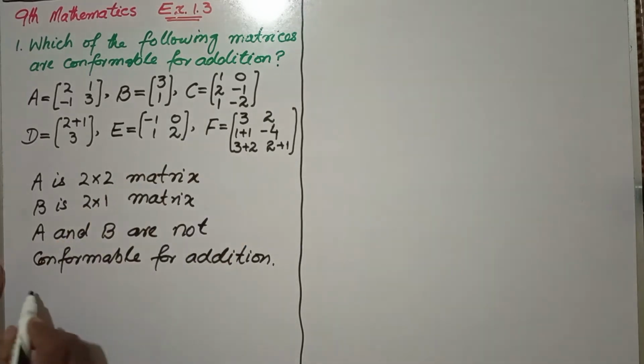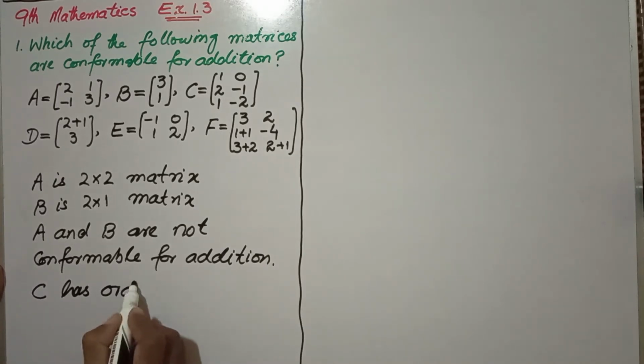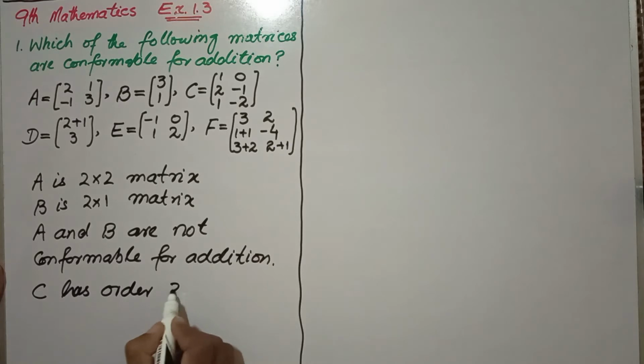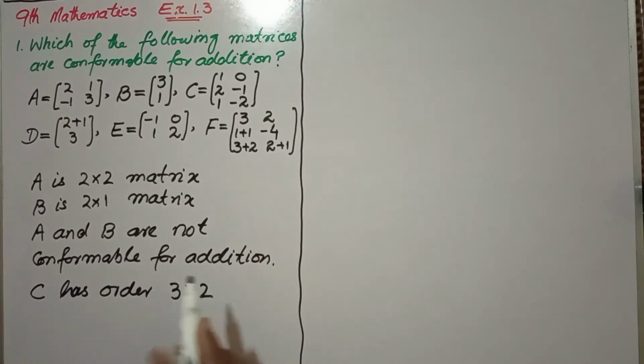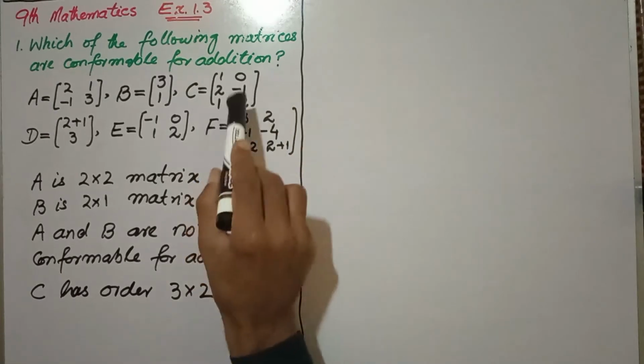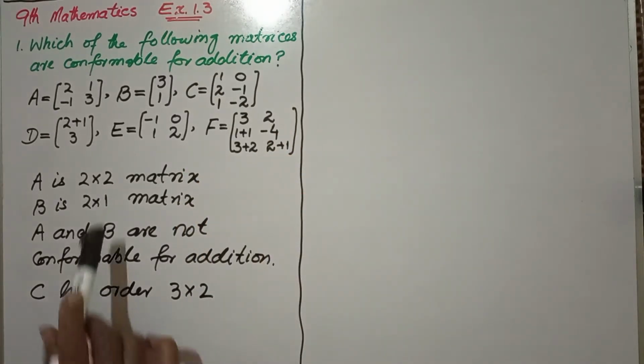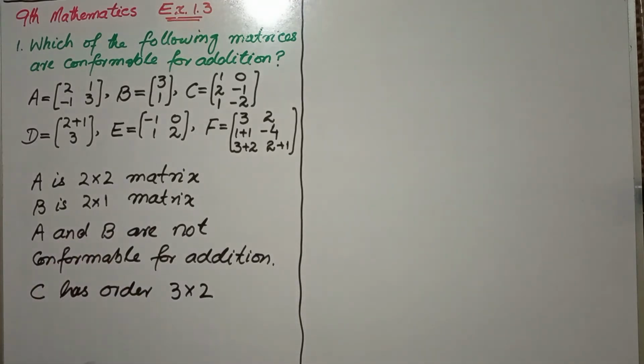Here the matrix C has order 3 by 2. Here we see that it has 3 rows and 2 columns. So it has order 3 by 2. The matrix A has order 2 by 2. Both have different orders.